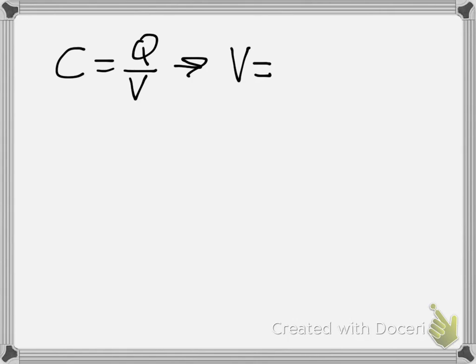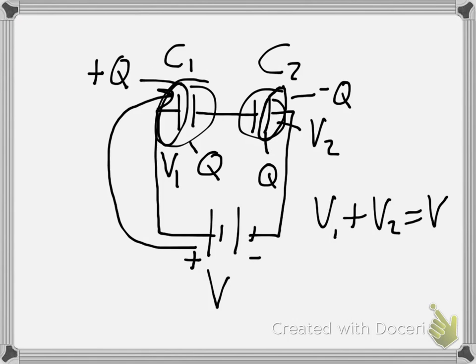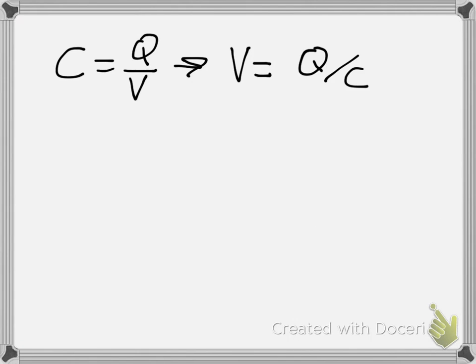So remember, going back to the definition of capacitance, if I solve this equation for V, then I'm going to get V is equal to Q over C. And if I want to draw an equivalent circuit here, the equivalent circuit will look like this.